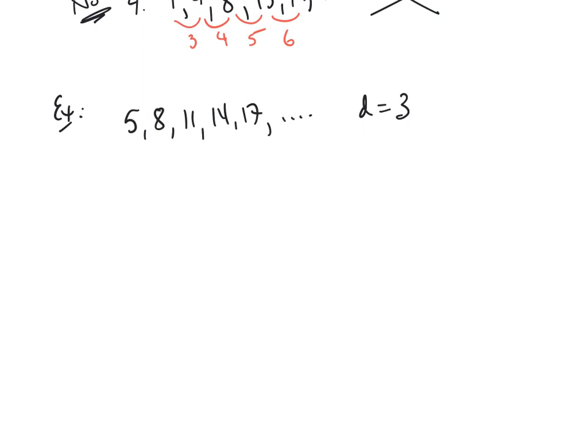Now, what we can do with an arithmetic sequence is make a jump from, let me pick my laser pointer here, from the first term, 5, second term, 8, third term, 11, fourth term, 14, fifth term, 17. We could then make a jump to any term in the sequence at all.